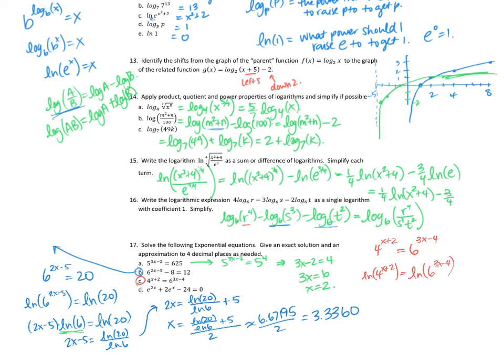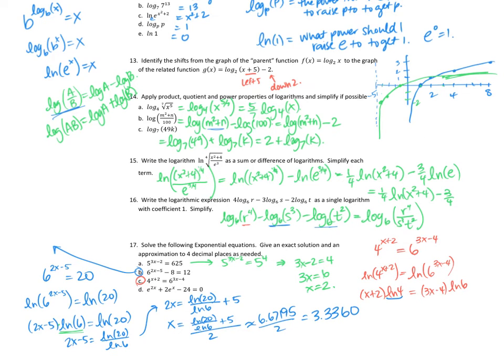And so I can pull those powers out front. Remember that these natural logs here are just a number. So natural log of 4 just represents a number, but it has to stay together.